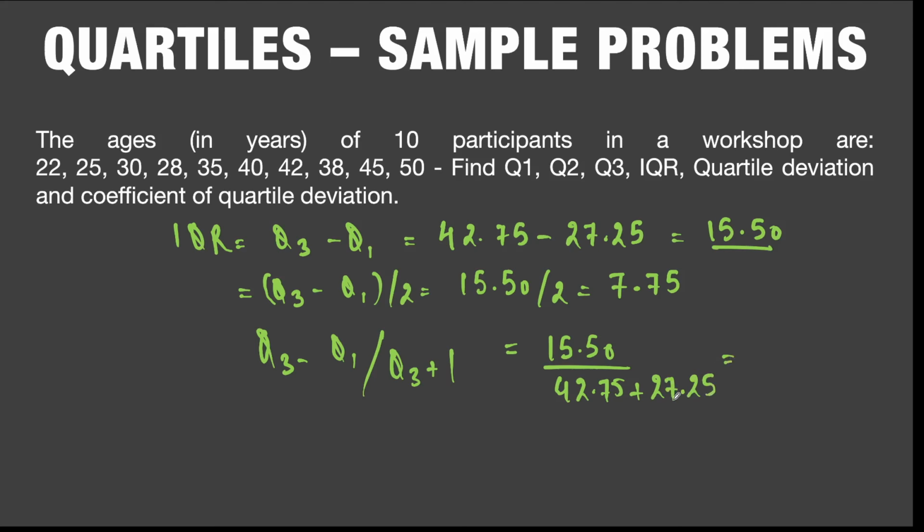This is 42 plus 27. This gives me 15.50 whole divided by 70.